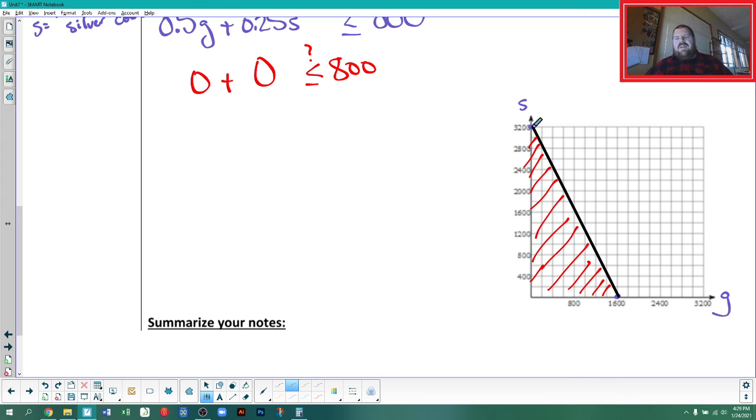But even that, well, what if I had less silver coins but more gold coins? You could find specific places where that will work, but it won't be everywhere. Okay, so this is kind of the best way to display your solution.